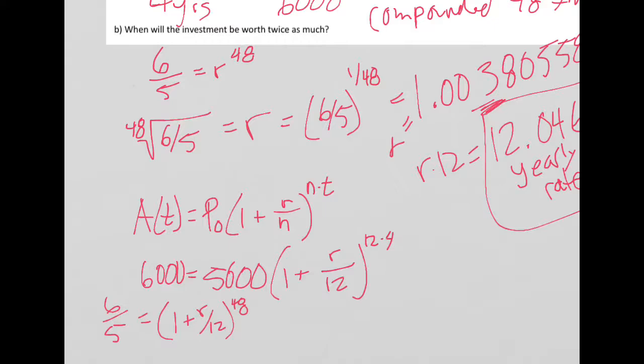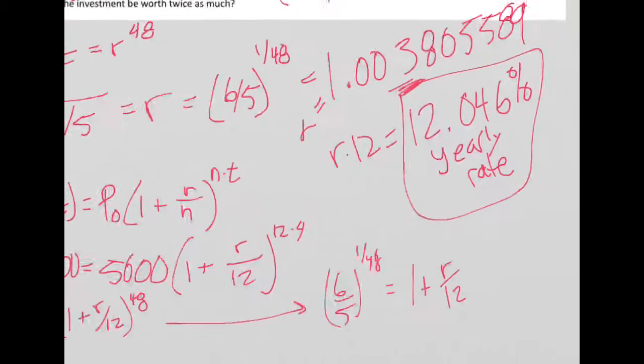Well, we took the 48th root of both sides. And so we got 6 over 5 to the power of 1 over 48, and that was equal to 1 plus r over 12.